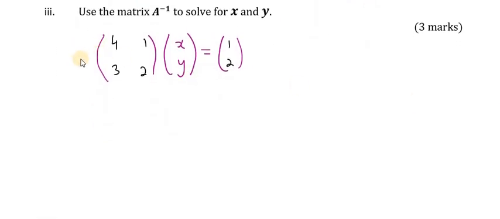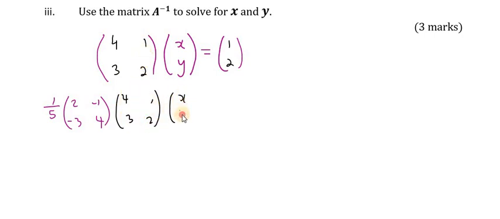All right, so we're going to multiply this side over here by the inverse. Remember, the inverse is what? 1 over 5 multiplied by the adjoint. So we'd have switched these, right? 2, 4, and negate these. -1, -3. And then we multiply by 4 1, 3, 2, then x and y in bracket.